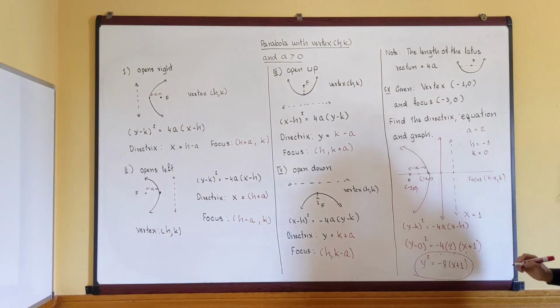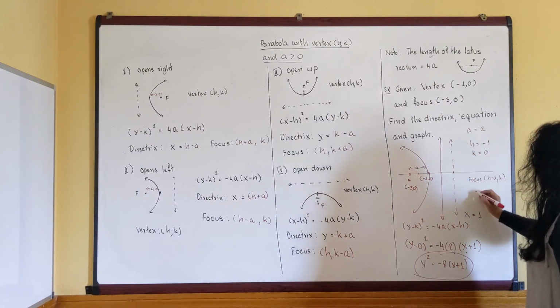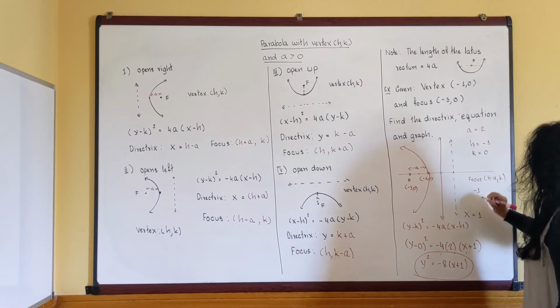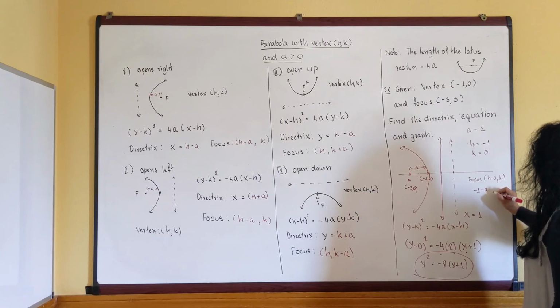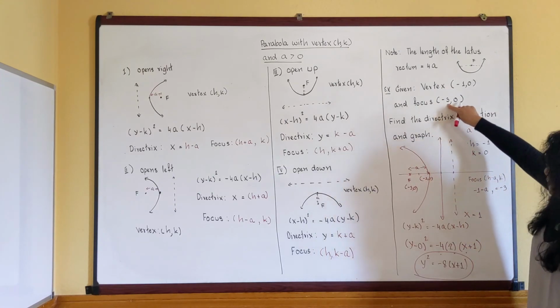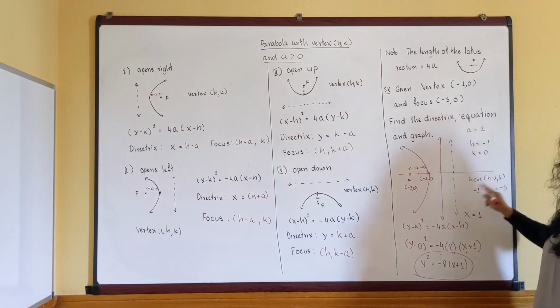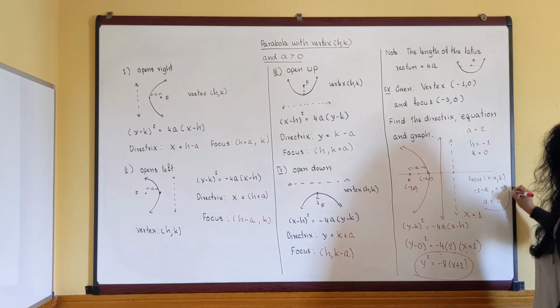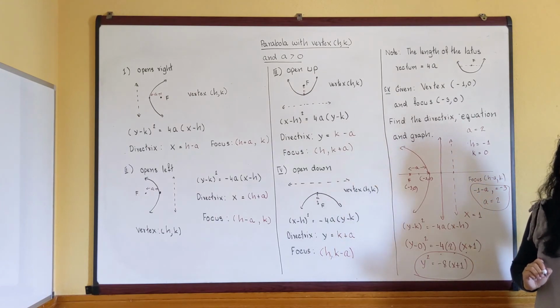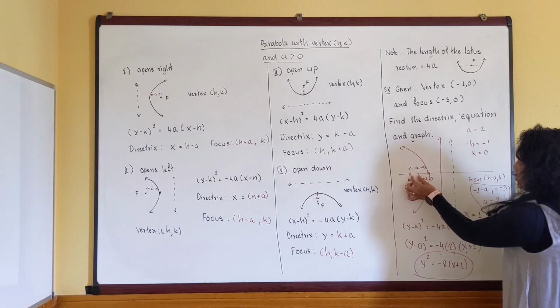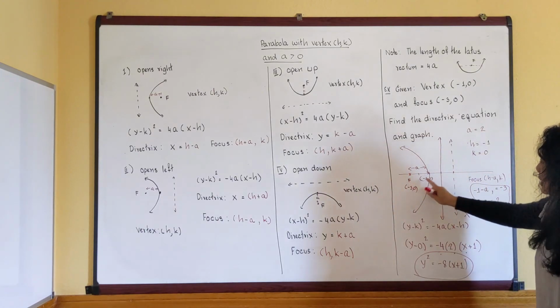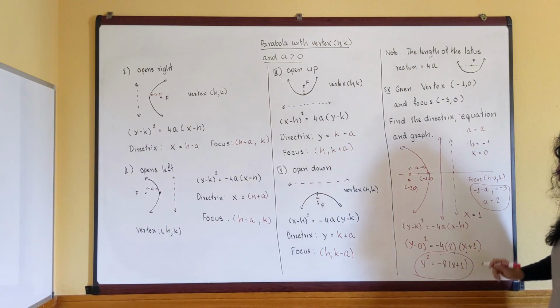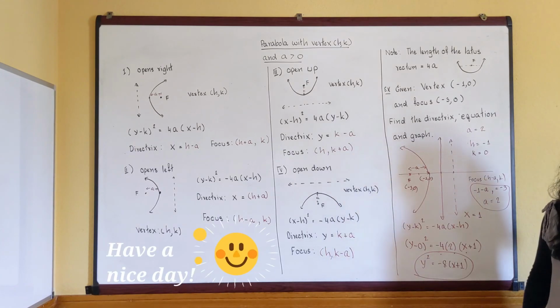Then you have to use an equation. h here is -1, minus a is equal to -3, because the focus is -3. And then solve for a. In this case, you're going to get 2. Either way works, but I'm just counting because I can count. If I cannot count, then you have to solve a linear equation. All right.